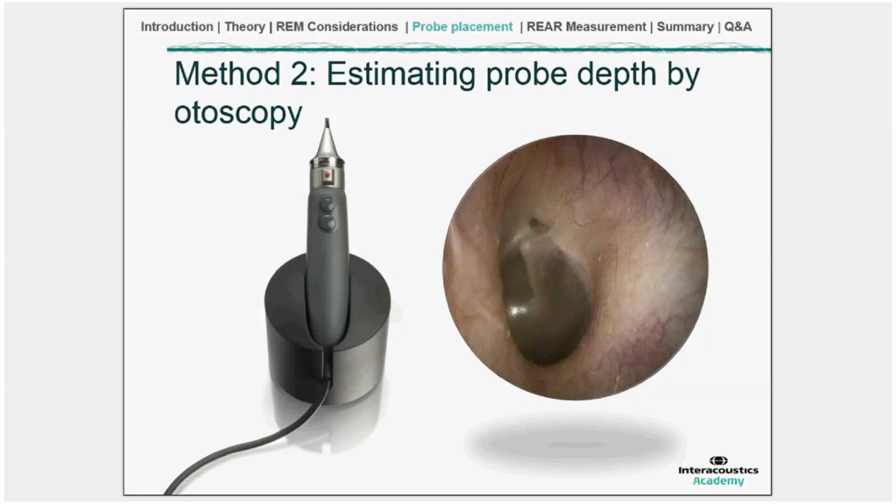The 27 millimeter length from the BSA is recommended for a normal adult ear canal. If it's abnormally short, then you can adjust the probe tube to be a little bit shorter. If the ear canal is very long, then you can make that 27 millimeters just a little bit longer. So combining the two methods is the best way to make sure that the probe tube will be inserted properly.